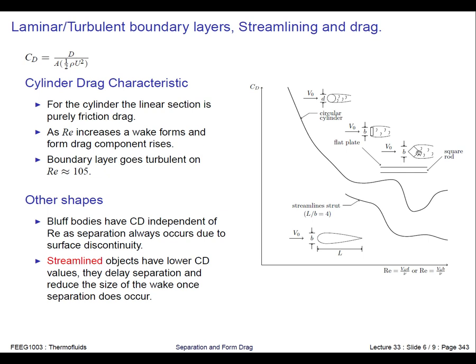So they generally generate more drag. So bluff bodies will generate more drag, but they have the advantage that you know what the drag is going to be. You don't get this very complicated drag characteristic for a circular shape. So if you're trying to design something that's going to move through a fluid, if you want to control the motion, controlling where the flow separates can be very advantageous.